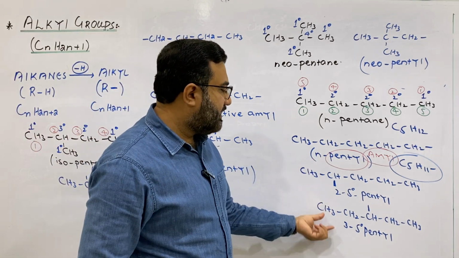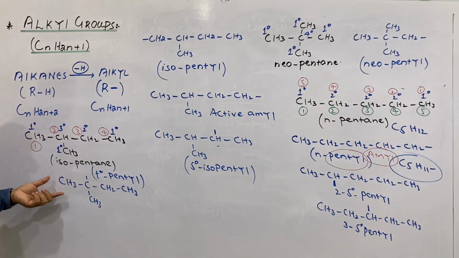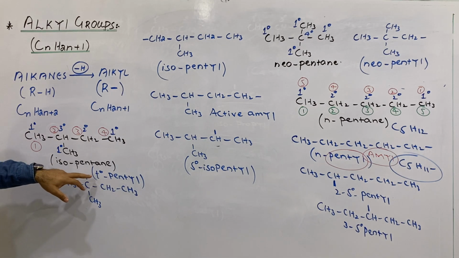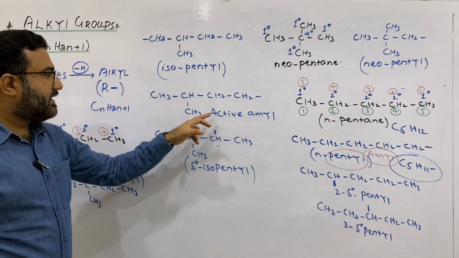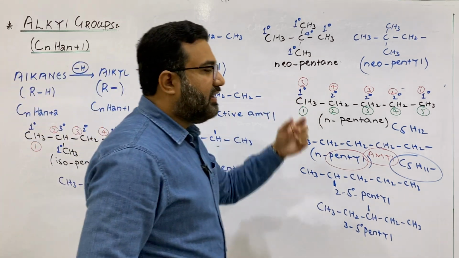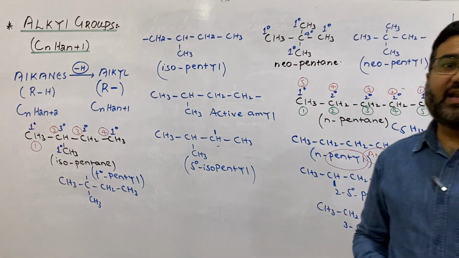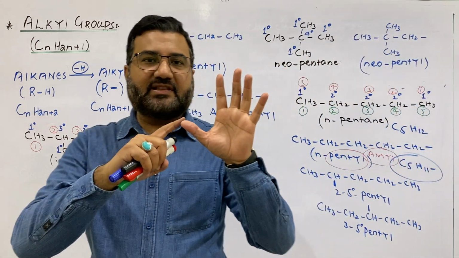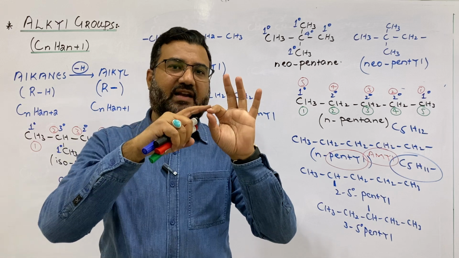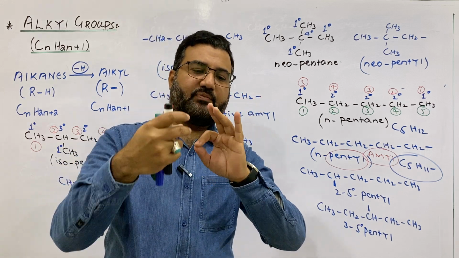So how many types of pentyl are there? n-pentyl, 2-secondary pentyl, 3-secondary pentyl, then tertiary pentyl, isopentyl, active amyl or active pentyl, secondary isopentyl and neopentyl. So my dear students, pentyl is a total of 8 types. One is methyl, second is ethyl. Then there are two types of propyl, iso and normal propyl.